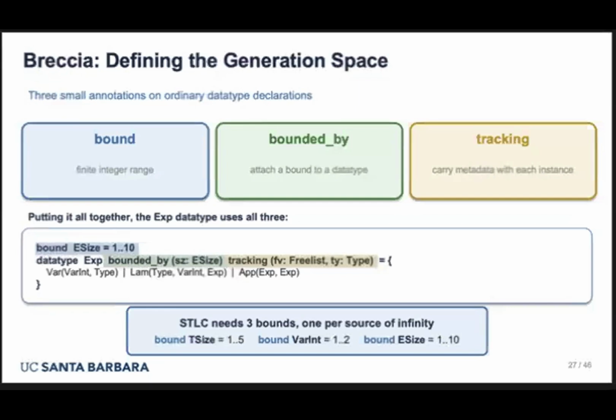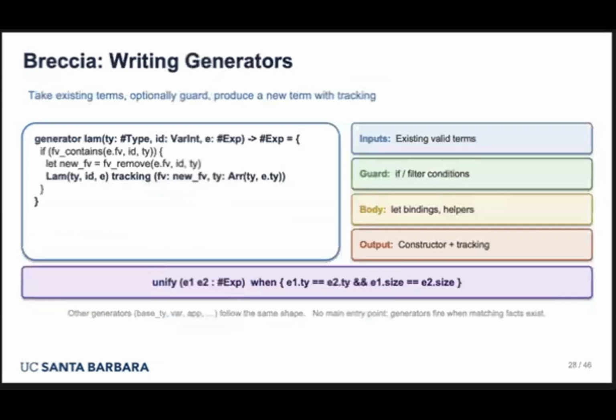Down here we have the actual bounds: e size like I showed, then var int, which is all the variables that are available, and then t size as well. You're going to see some of these bounds later in the paper and in the evaluation, so I wanted to go over that now so it's not a surprise.